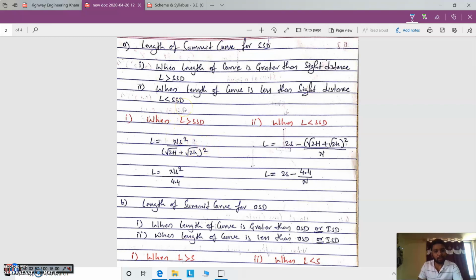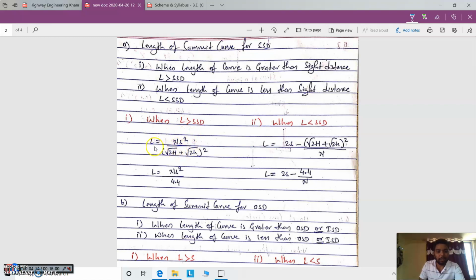So whenever you calculate the stopping sight distance, you need to assume whether the length of the curve is greater or smaller. Then you analyze that particular condition. Once we start solving problems on this, you will get to know exactly how it is.